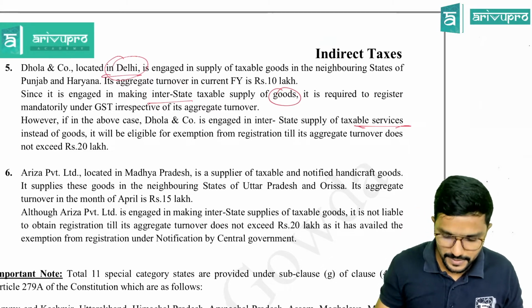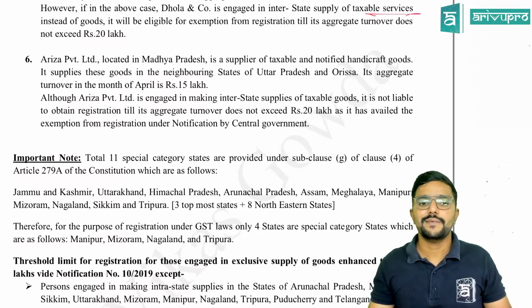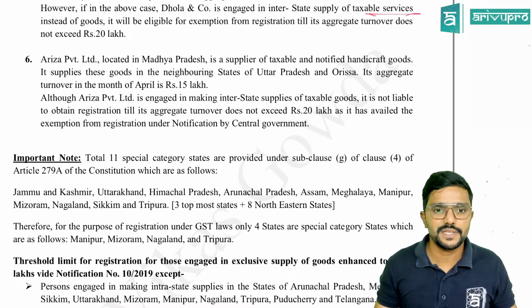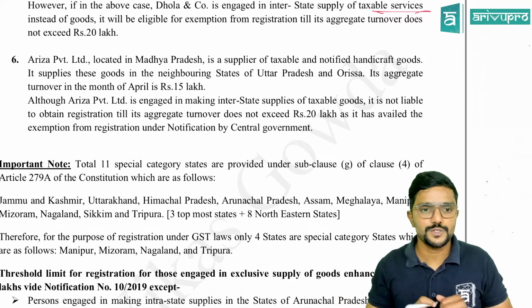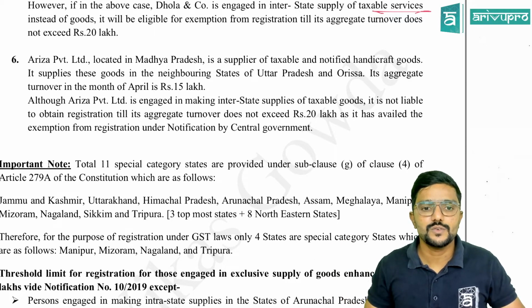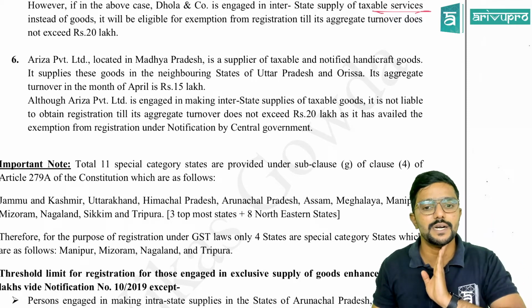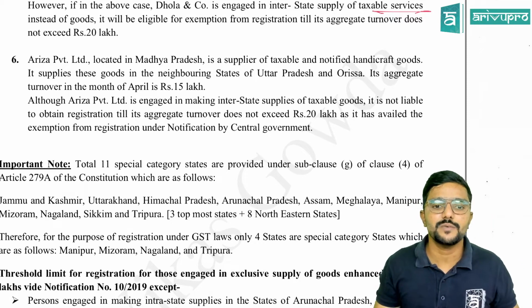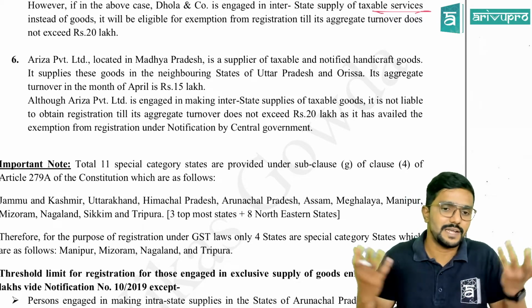Okay. Next, sixth one. Ariza Private Limited, located in Madhya Pradesh, is a supplier of taxable and notified handicraft goods. It supplies these goods in the neighboring states, outside the state, Uttar Pradesh and Orissa. Its aggregate turnover in the month of April is 15 lakh. In April itself, it's 15 lakh. Fine.